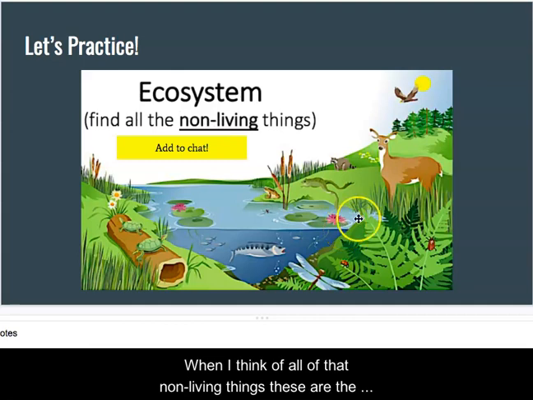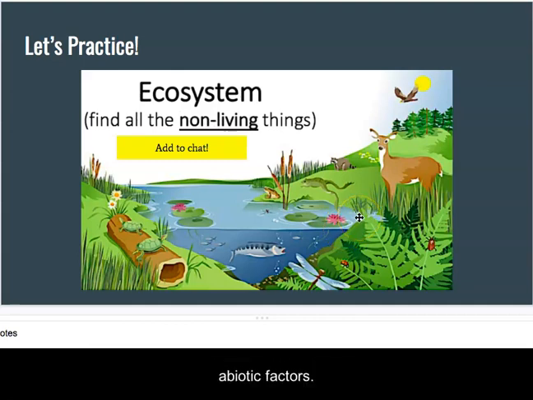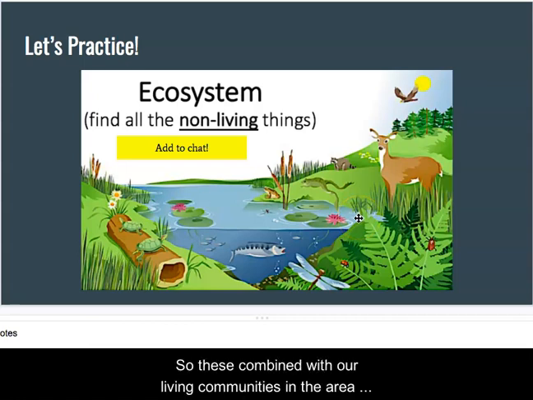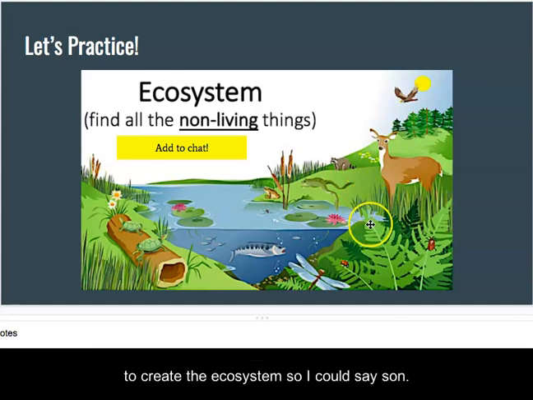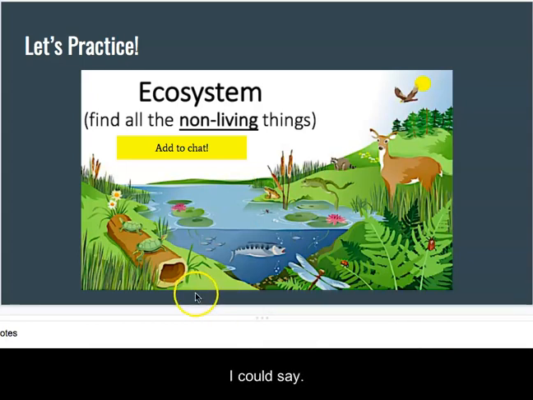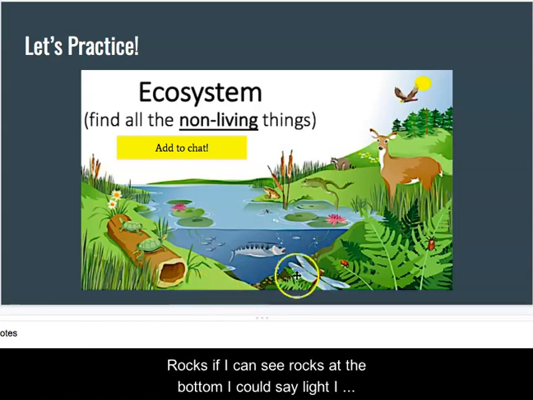When I think of all of the non-living things, these are the abiotic factors. So these combine with our living communities in the area to create the ecosystem. So I could say sun, I could say water, I could say air, I could say rocks if I can see rocks at the bottom.